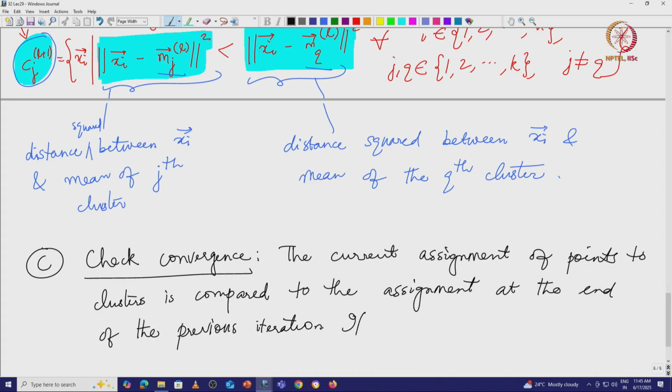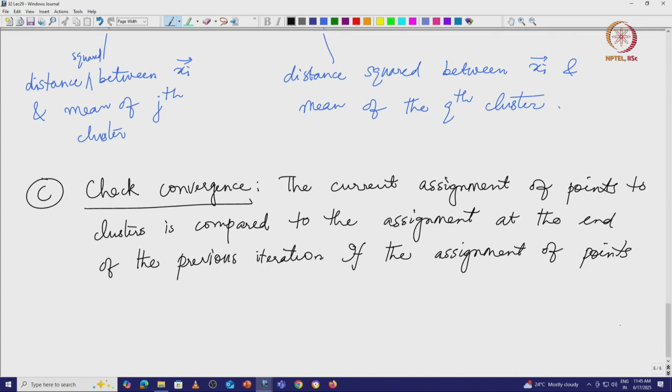So, if the assignment of points does not change, the algorithm terminates.